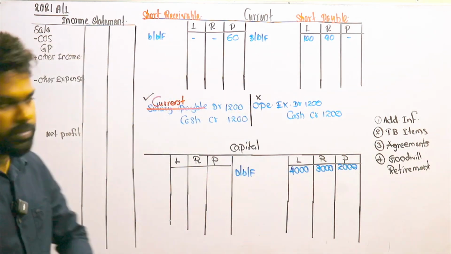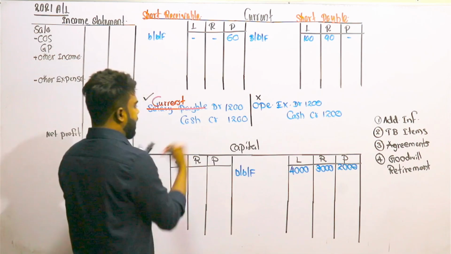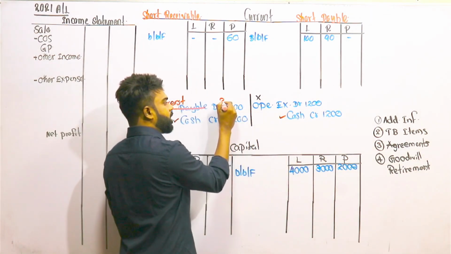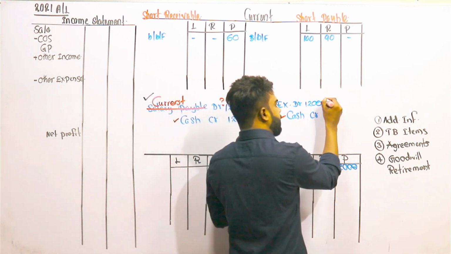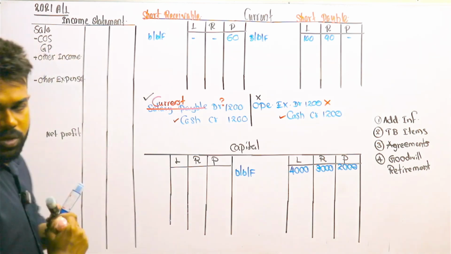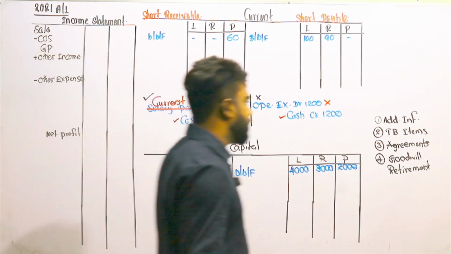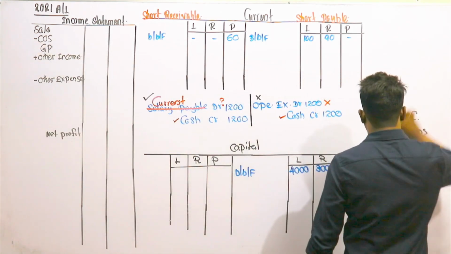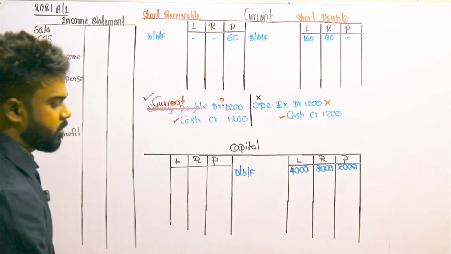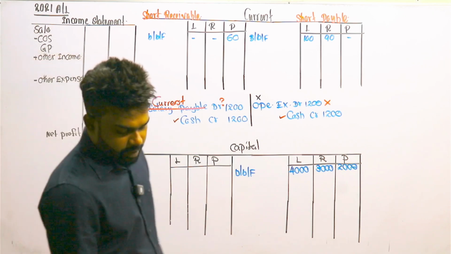There is no issue with the cash account. The cash account is correct, but it should be debited to the current account, and incorrectly the operating expense account was debited. So how do we correct it? What is the correction entry?